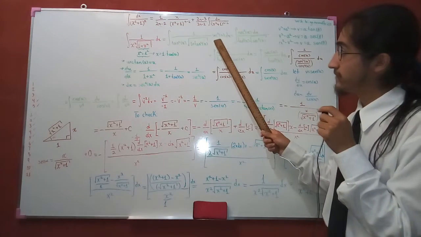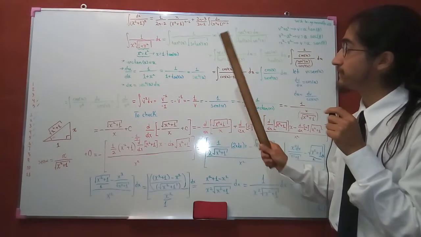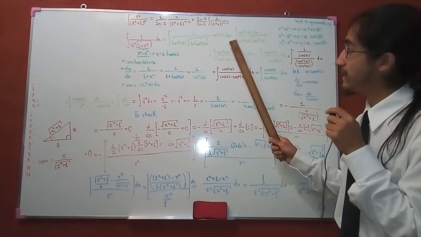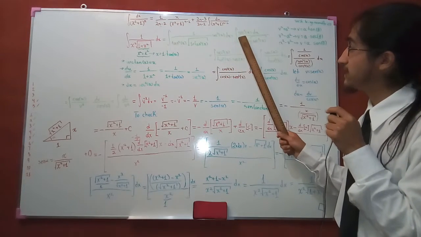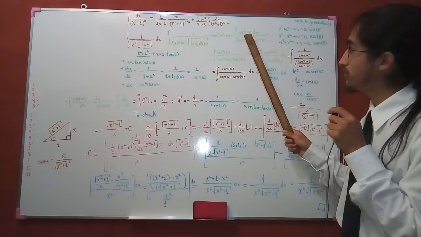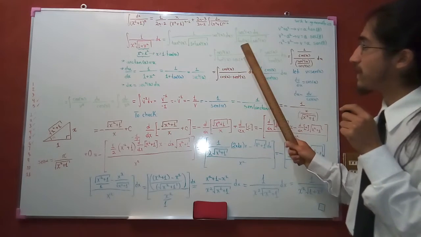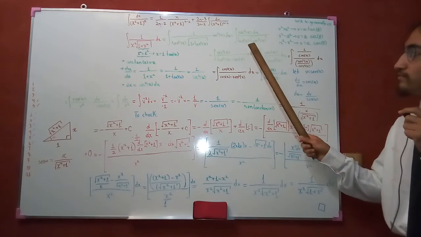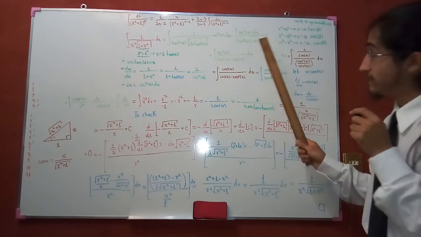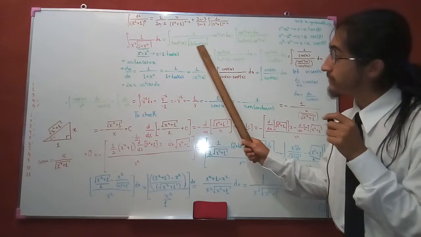So this number appears here. This is equal to the integral of the secant squared of u du divided by the tangent squared of u multiplying the square root of this number.